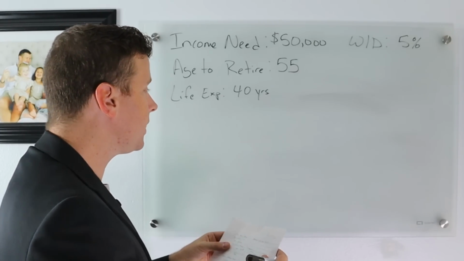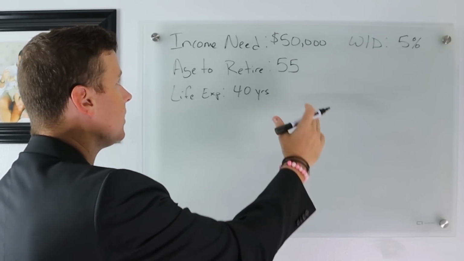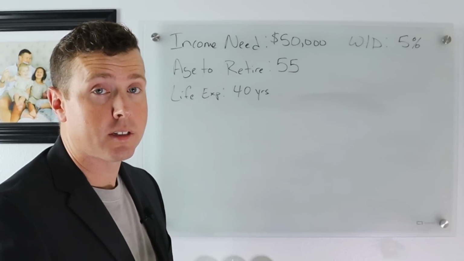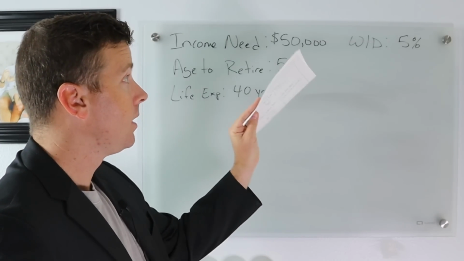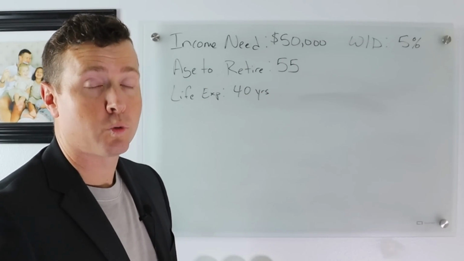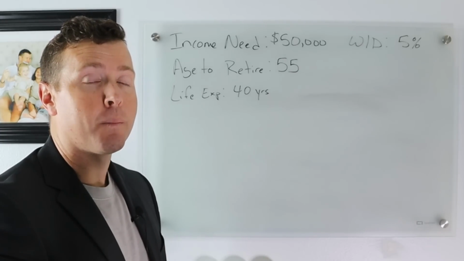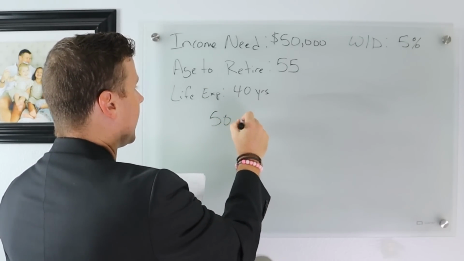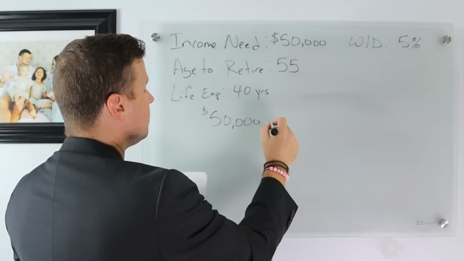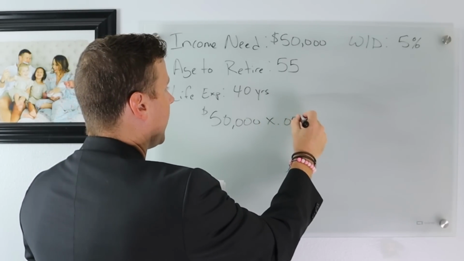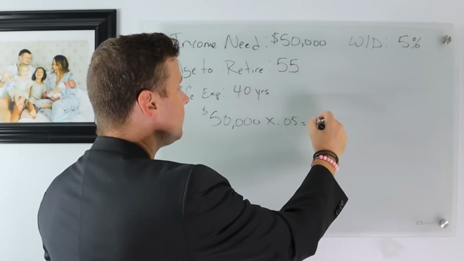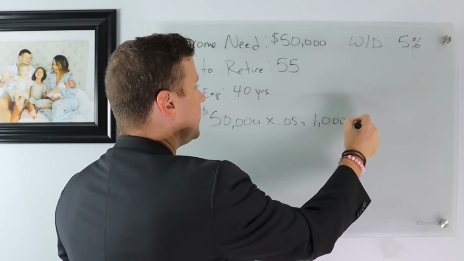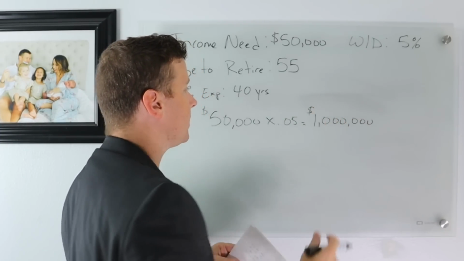Okay, so the first way you do this is you say, okay, you need $50,000 a year in retirement income, and we want to do a 5% withdrawal rate from our retirement investments. So you take $50,000, that's our retirement income need, you divide that by 5%, and that gives you the amount of money that you need in retirement savings.